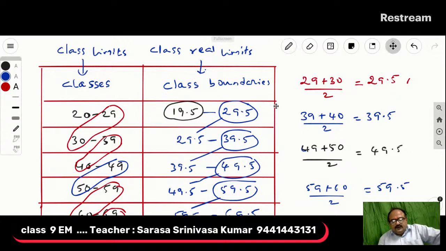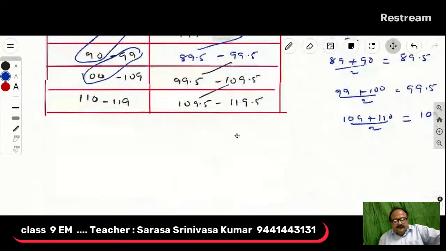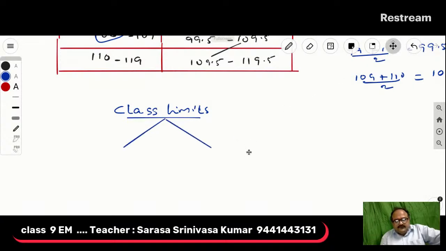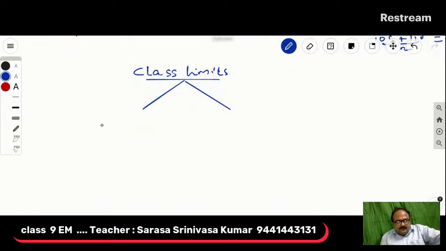And these are also called class limits. So these are of two types. First one is non-overlapping. Here class intervals, I write class intervals.